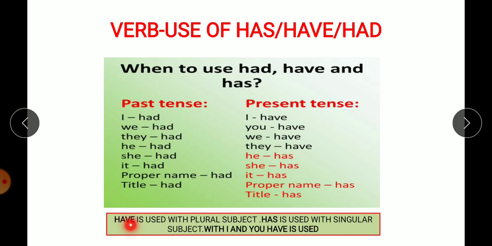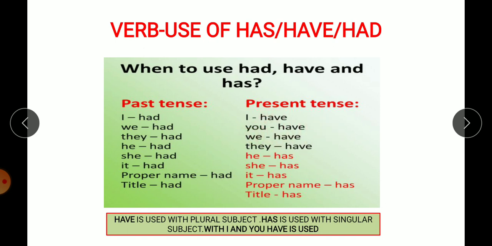Have is used with plural subject. That means अगर subject plural है, it's more than one, you have to use have, right? Like they have. And has is used with singular subject, like he has, she has. Okay. And with I and you we use have.